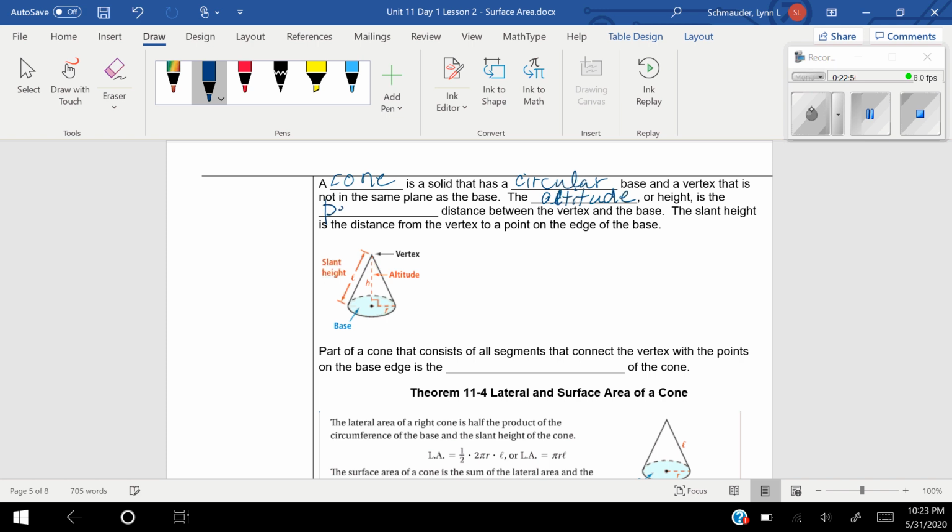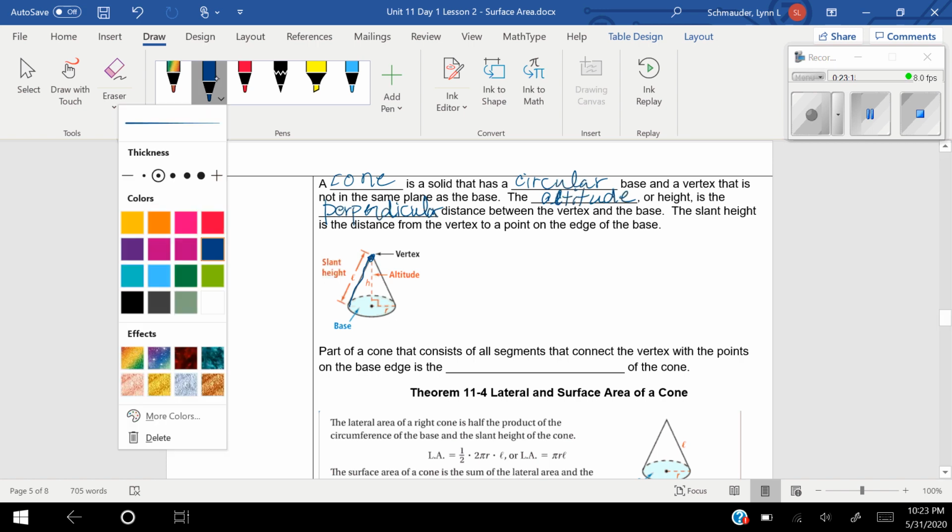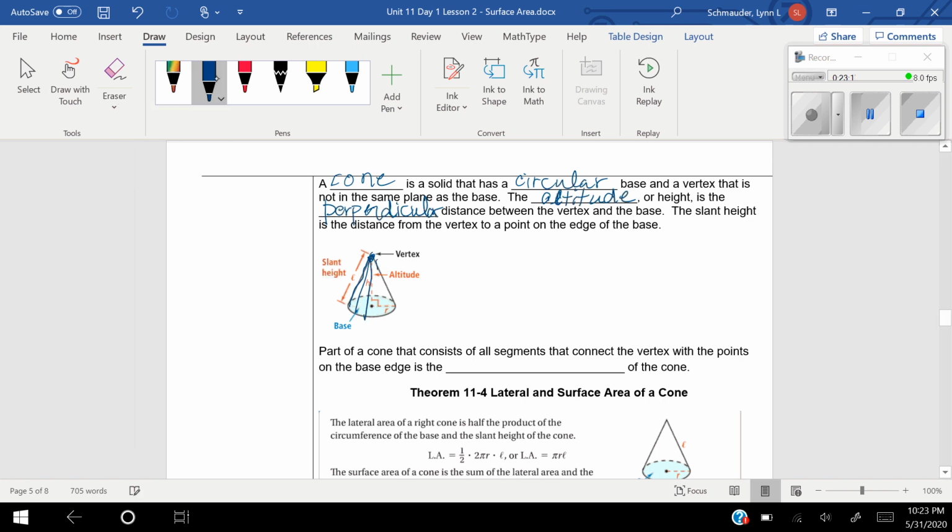Well, I guess it wasn't the battery because my pen is still messing up. The slant height is the distance from the vertex to any point on the edge of the base. So vertex to any point on the edge of the base is the slant height. Anywhere along here, slant height.